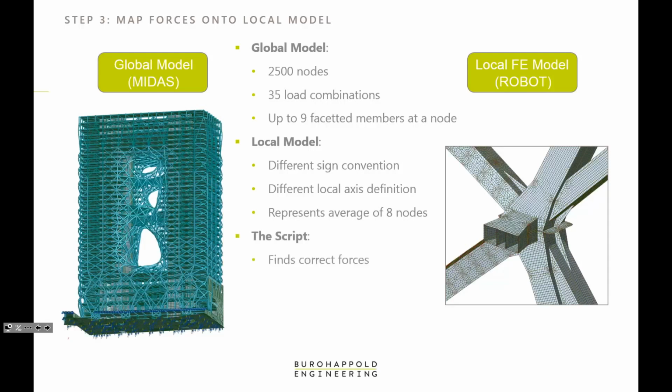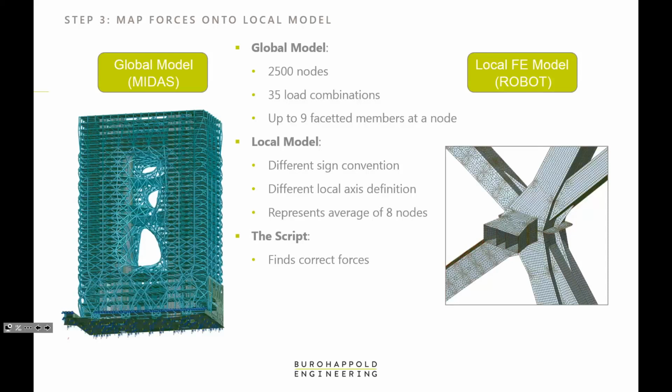The script itself actually finds the right forces from the global model. And to show you how difficult that would be, we worked out if we outputted all of the design forces for all of the nodes, for all of the combinations and all of the members on a normal A4 sheet of paper, and we laid them out end to end, they'd reach from London to Paris.